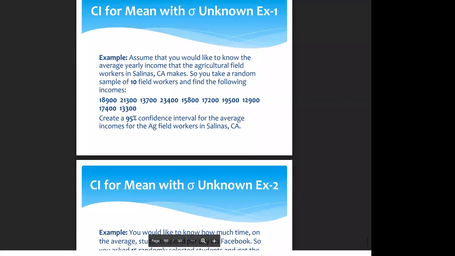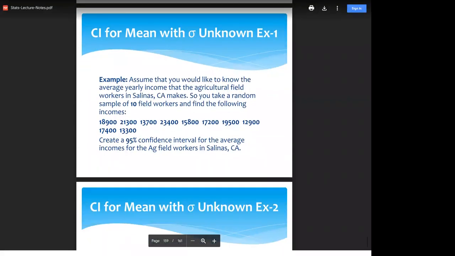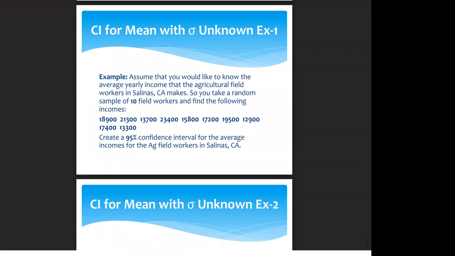So we are going to use this in this first problem. Assume that you'd like to, actually, you know what? Since the process is exactly the same, I'm going to just write down the formula here for you. X bar plus or minus T sub alpha over 2 times S over square root of N. Actually, I just switched my mind.